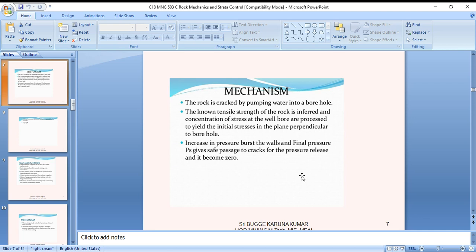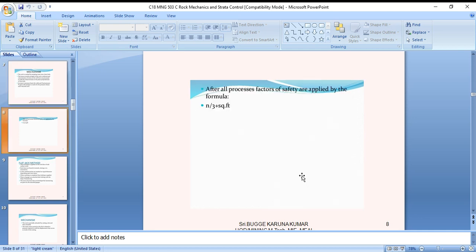The known tensile strength of the rock and the concentration of the stress around the well bore are processed to yield the initial stress in the plane perpendicular to the borehole. Increases in pressure burst the walls, and the final pressure PS gives the safe passage of the fractures for the pressure. After the process, factors of safety are applied by the formula.